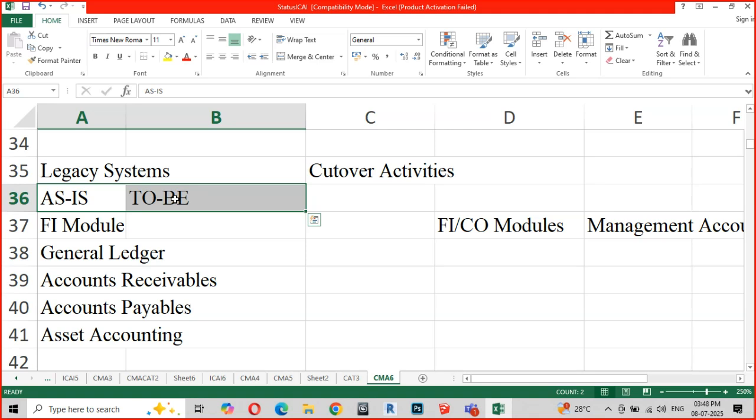Then I became a senior consultant. I also did project management for one of the projects with one of my employers. And during this phase, I worked on a lot of areas also.